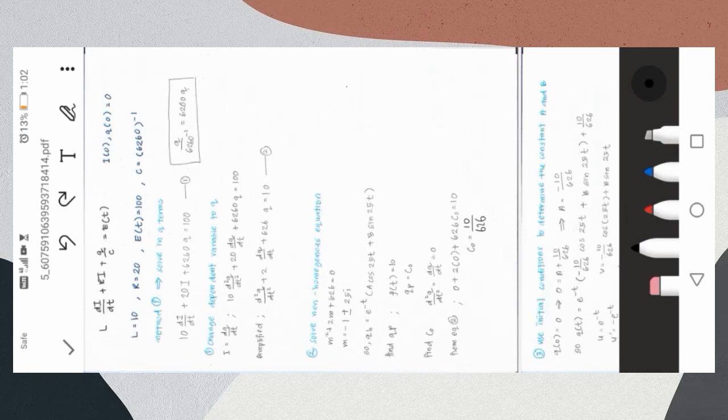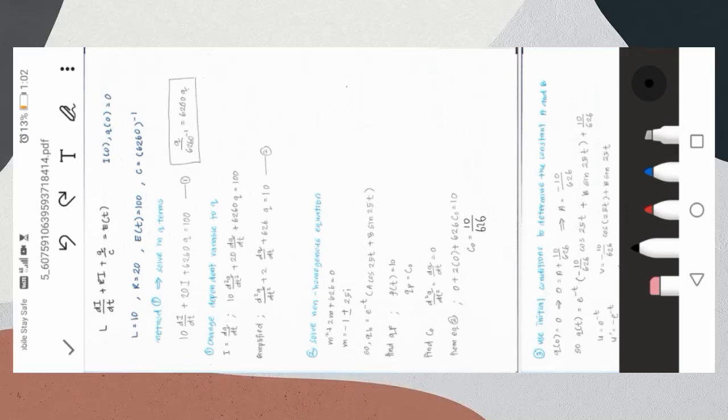The governing equation is L di over dt plus Ri plus q over C equals E(t). From the equation, we can get L equals 10, R equals 20, E(t) equals 100, C equals 6260 to the power of negative 1.